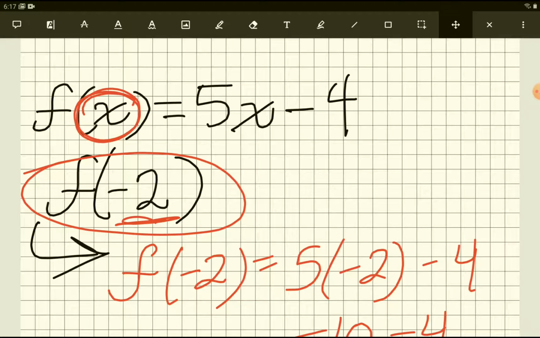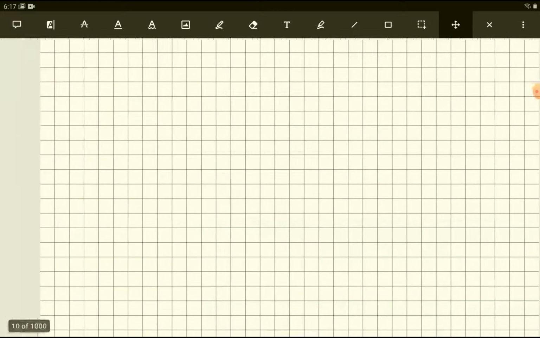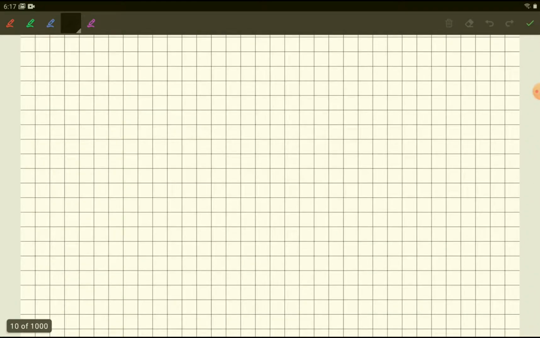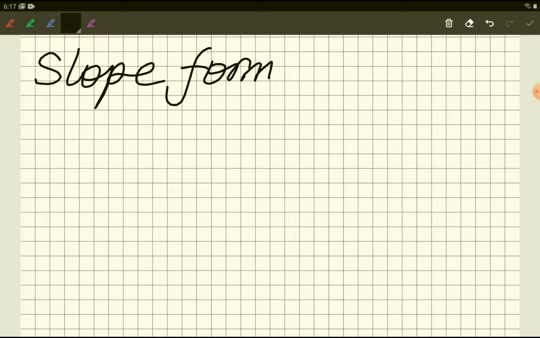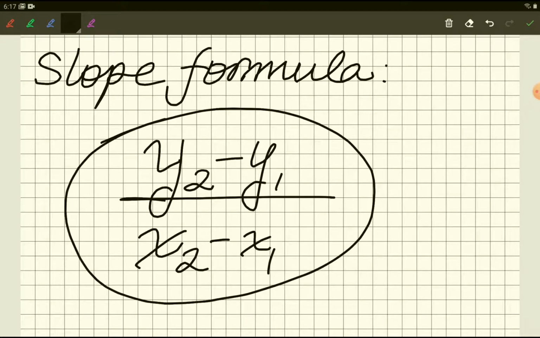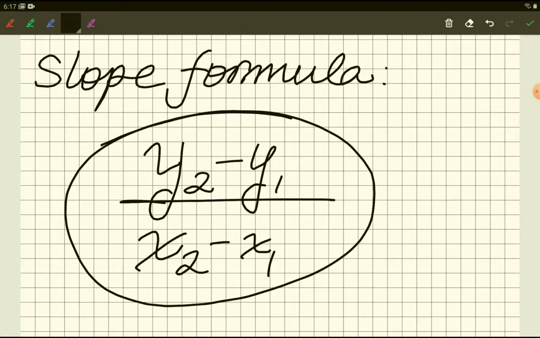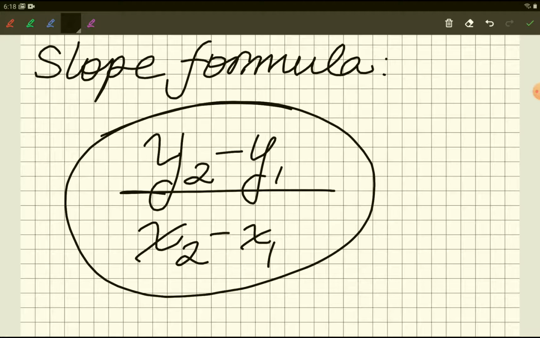Okay, so now I want you guys to, well, you should know. Next page. You should know the slope formula. Very quickly, it's y2 minus y1 over x2 minus x1. You should know that. Actually, I have another video.